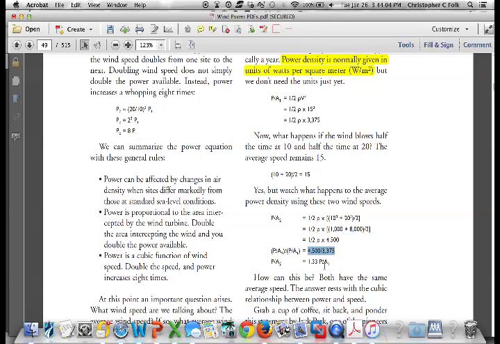What does that mean? That means I have 33% more power because I had these wind gusts of 20 miles an hour. So a place that has a constant 15 miles an hour wind is not going to have as much energy in the wind as a place that has periods of time where it's only 10 miles an hour and other periods where it's 20 miles an hour. So those gusts really help us out.